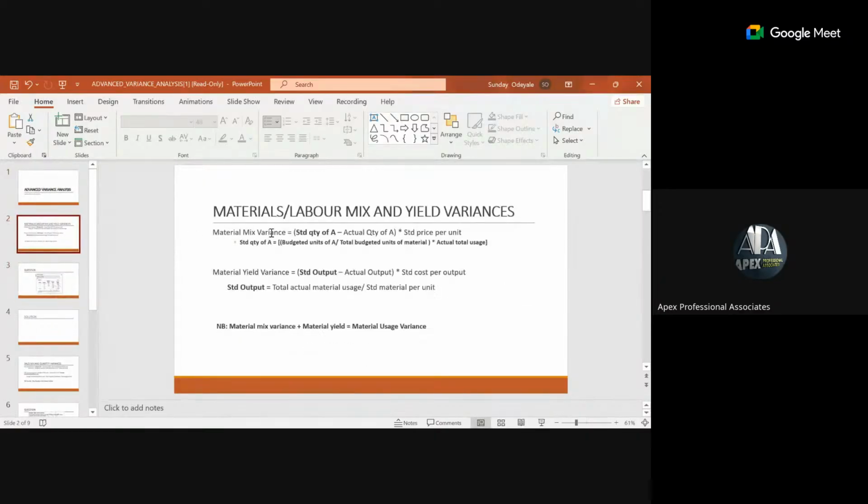Now, the material mix, the labor mix, and the variable overhead mix all work the same way, so there's no point going through them again. We also have the same thing for material yield, labor yield, and variable overhead yield; they are all the same. The only one that does not have any advanced variance is fixed overhead, because fixed is always fixed. So there's nothing like advanced variance for fixed overhead. Just stick to the basic and you'll be absolutely fine.